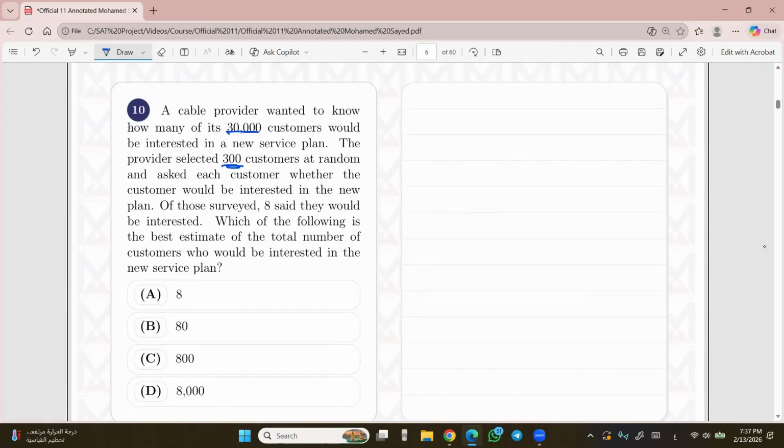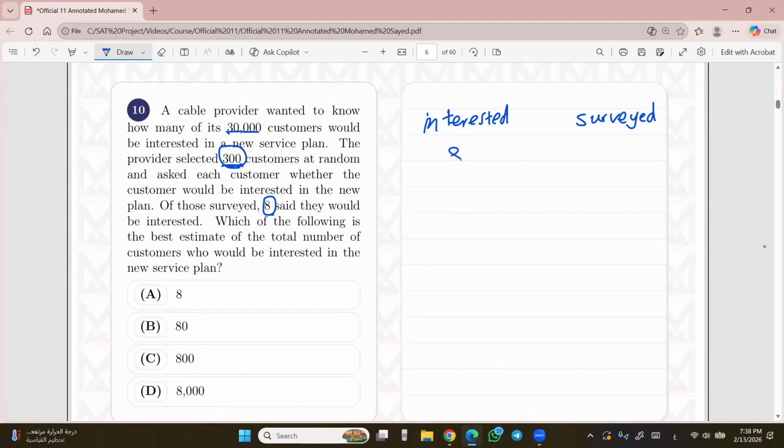Which of the following is the best estimate of the total number of customers who would be interested in the new service plan? So here we can talk about that proportion, because we have 300 and 8 of them are interested. So we can think about the interested people and the surveyed people.